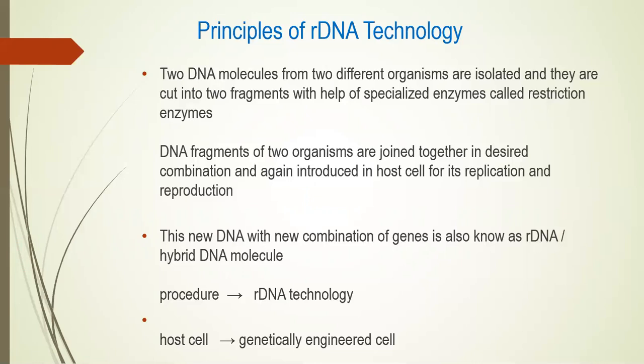Then these DNA fragments of two organisms are joined together in a desired combination and introduced back into a host cell, generally Escherichia coli, that is a bacterial cell. But nowadays other microorganisms or even cultured higher plant cells and animal cells are also used as hosts in rDNA technology for replication and reproduction in host cells.